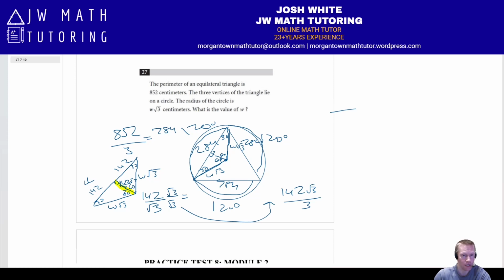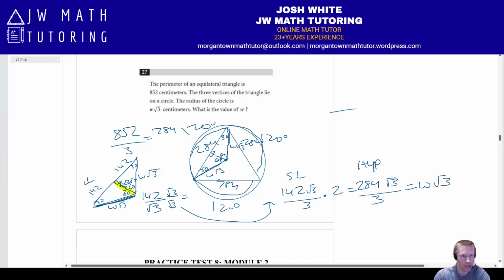Now, to get to the hypotenuse, which is this radius right here, you just take this short leg and multiply it by 2. So that's going to give me 284 root 3 over 3. This is the length of the hypotenuse, which is also a radius of the circle, which we know is congruent to w root 3. So now let's match up the parts.